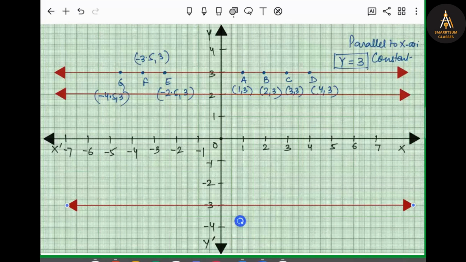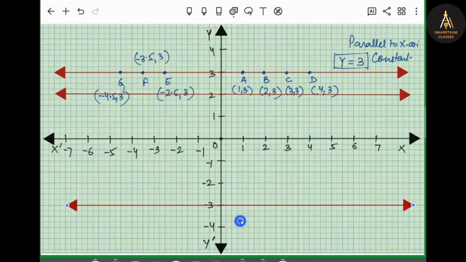So whenever the value of y is constant and the value of x is changing, and if you plot such points, you will find a line which is parallel to the x-axis, right? So what is the equation for this line? The equation of the line is y is equal to 3.